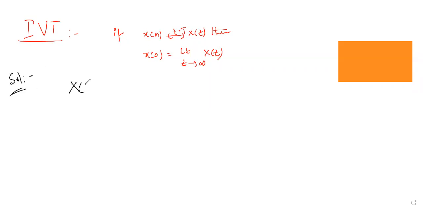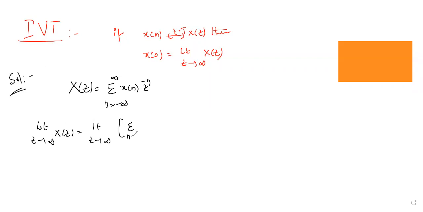So let us take the standard Z transform formula: summation n equal to minus infinity to infinity x of n into z power minus n. Apply limit z tends to infinity on both sides. X of z equals limit z tends to infinity of this total term as it is.